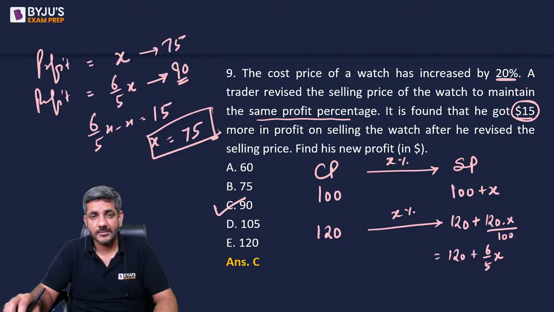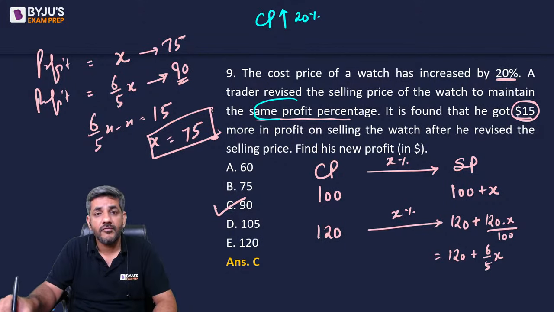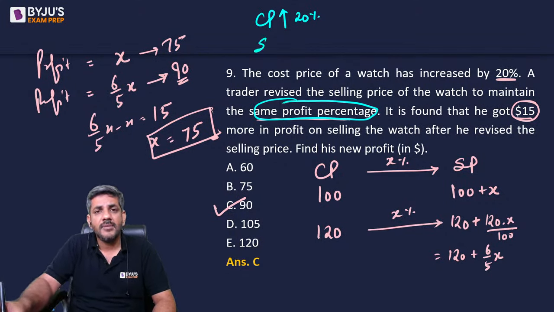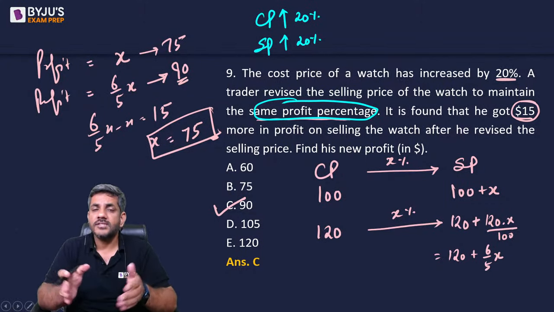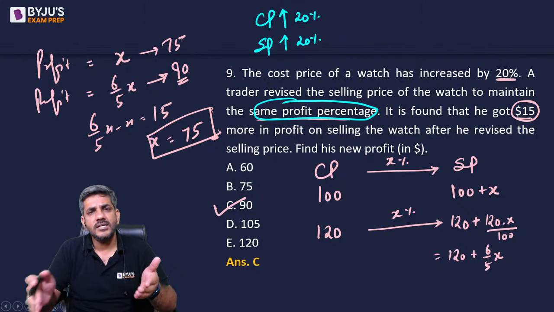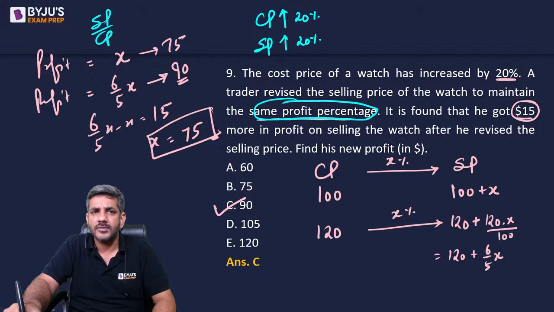That makes it difficult. There is one simple logic that I use here. If the cost price is increased by 20%, but you have the same profit percentage, can I say my selling price should also increase by 20%? See, the profit percentage is dependent upon SP and CP, right? SP by CP gives me the profit percentage. If I increase CP by 20%, that means I multiply it by 1.2. If I multiply SP also by 1.2, the ratio would not change.